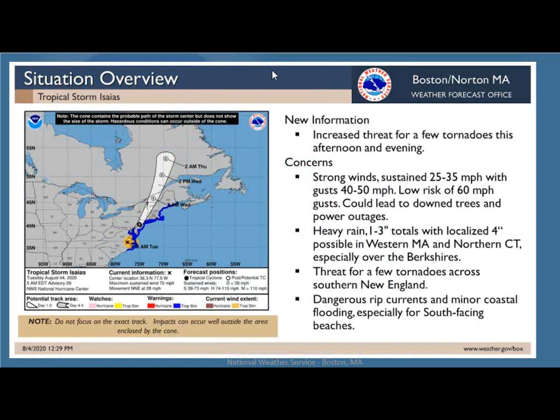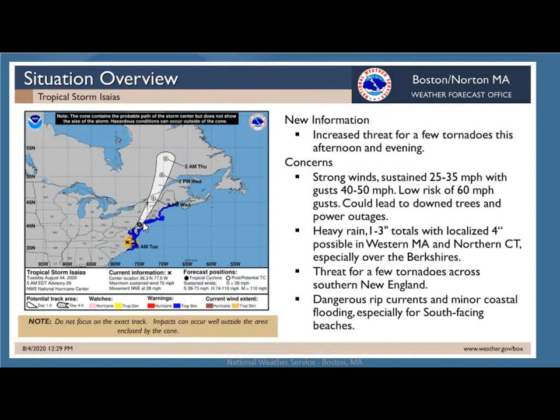And this is one of the infographics we sent out to the partners, and that we also shared with you on social media. On the left-hand side, you see the image of the track from the National Hurricane Center, pretty much an inland track.